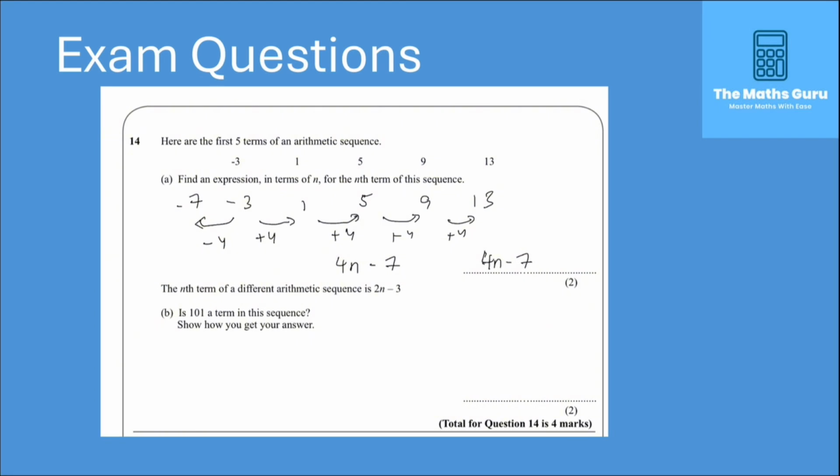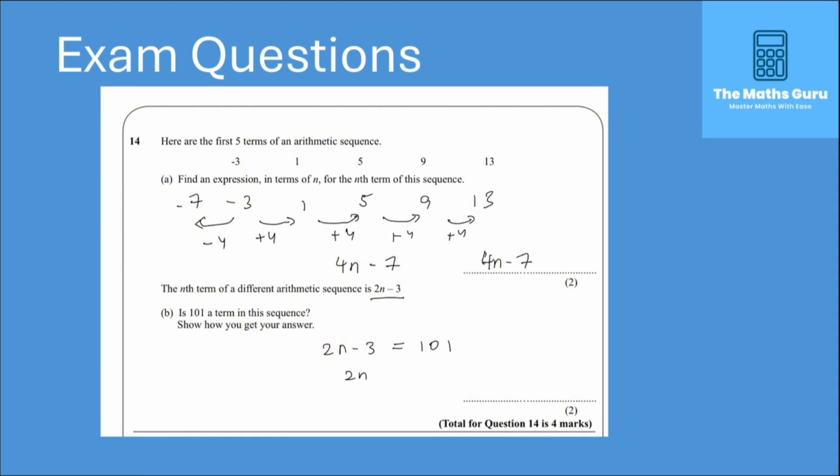The nth term of a different sequence is 2n minus 3. Is 101 a term in the sequence? We looked at this in the revision series. If you haven't checked that out yet, please do go check it out before you do these exam questions. It will be very helpful for you. So we equate 2n minus 3 and 101 and solve the equation.